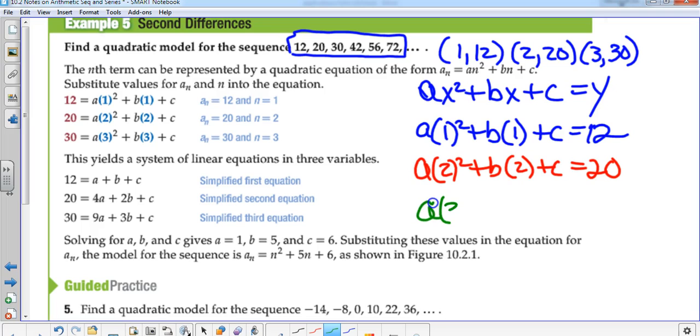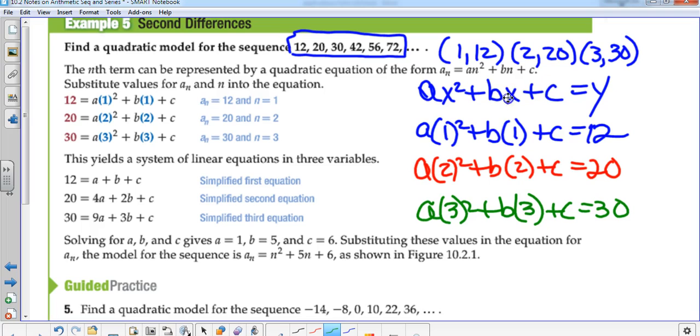And a times 3 squared plus b times 3 plus c equals 30. Then we put in a matrix that was 1, 1, 1, 12, 4, 2, 1, 20, 9, 3, 1, 30, and we did RREF, and we found the coefficients A, B, and C. Can I tell you there was an even easier way, and I just didn't bother to tell you at that point?